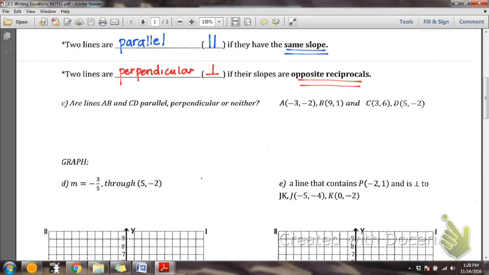It's really important for us to remember what opposite reciprocal means. Opposite means that we're going to use the different sign, and reciprocal means we're going to be flipping the fraction.